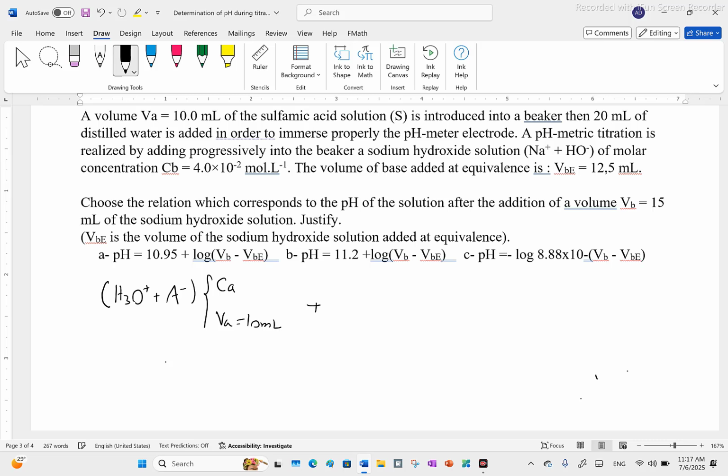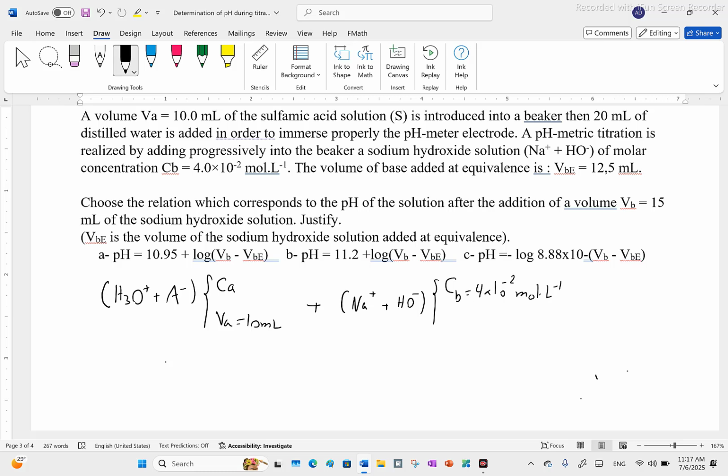We then add progressively a sodium hydroxide solution Na⁺ HO⁻ of molar concentration CB equals 4×10⁻² mole per liter.